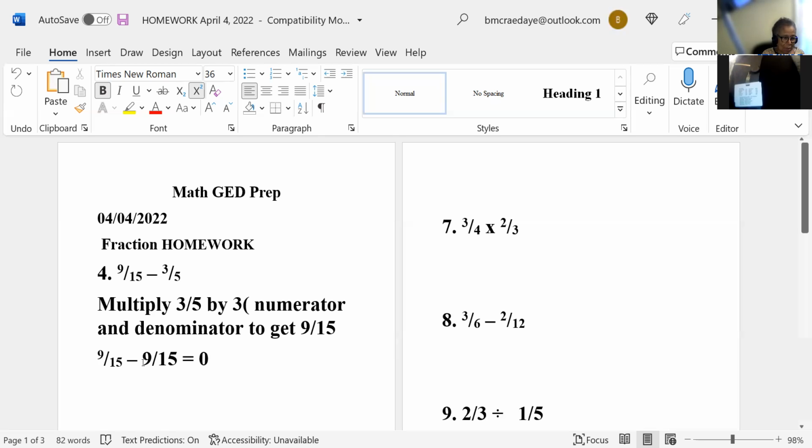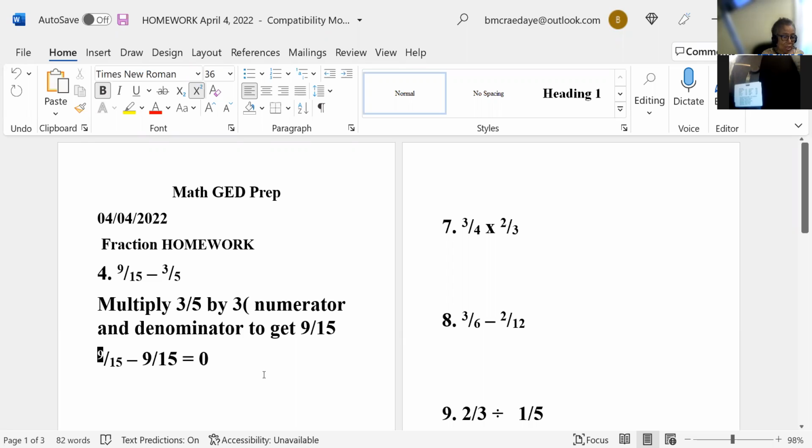Let me make this the same size just to be consistent. You see, 9 over 15 minus 9 over 15 is 0. So that's the answer to number 4.